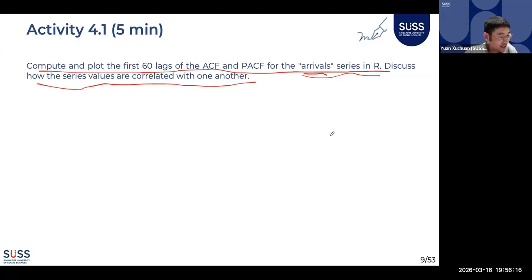Of course, you can also use the ts_explore function to see the line plot of your original data, and the ACF and PACF.